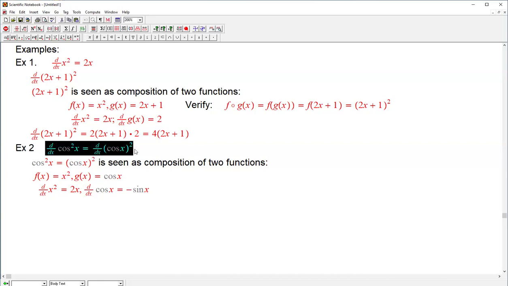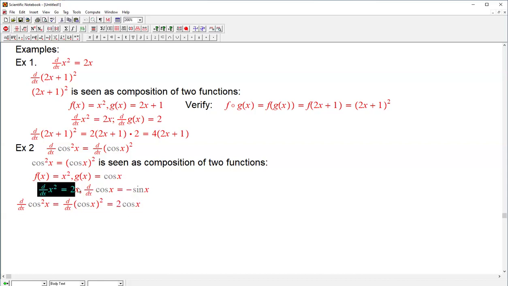You see it as something squared, parentheses squared, which has derivative 2 times the parentheses, so it's going to be 2 times cosine x.